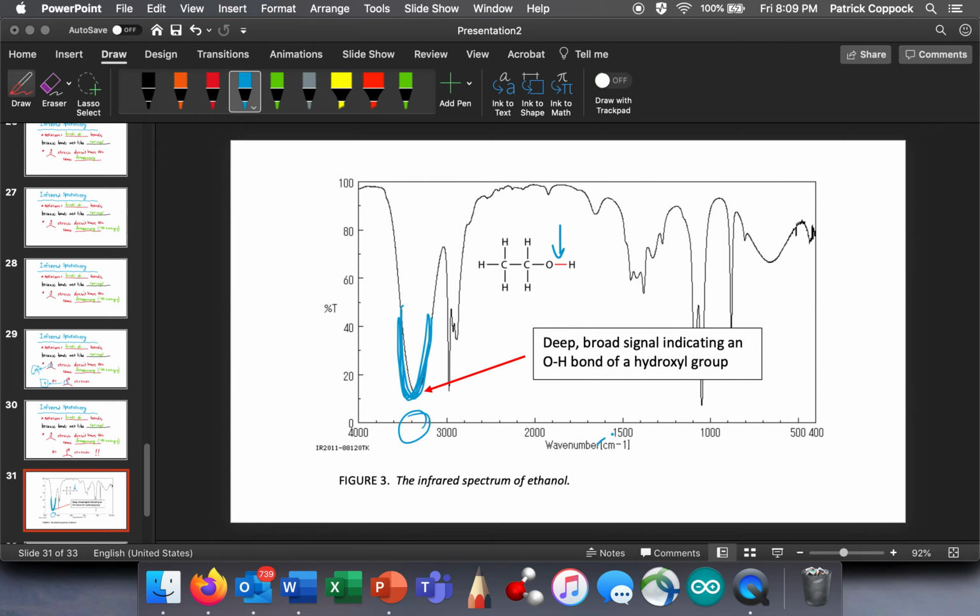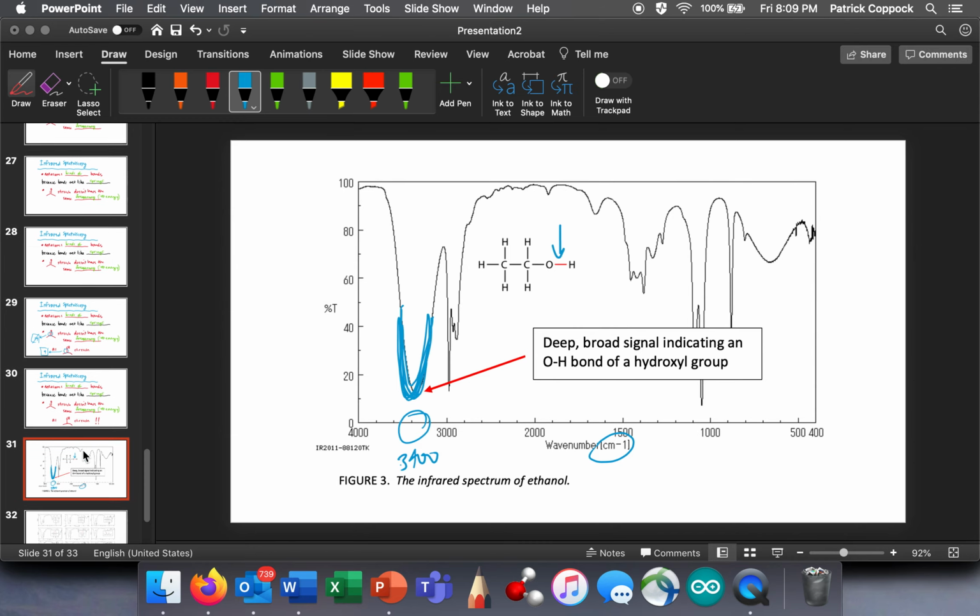It's wave numbers. We don't really need to know what wave numbers is right now, but at about 3,400 wave numbers, you get a deep peak when you have an OH bond in there, as in a hydroxyl. Do you see that OH bond? A big deep peak.